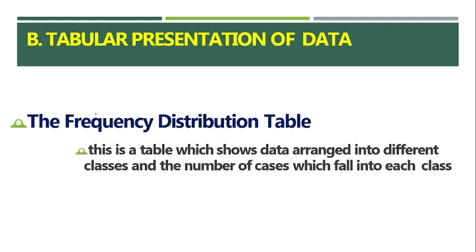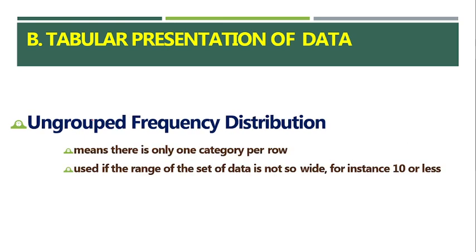Next, with this frequency distribution table, we have what we call the ungrouped frequency distribution. In this frequency distribution table, first in line, of course, we have the group and ungroup. So there are two types of frequency distribution table. First is the ungroup, and the second one is the group one.